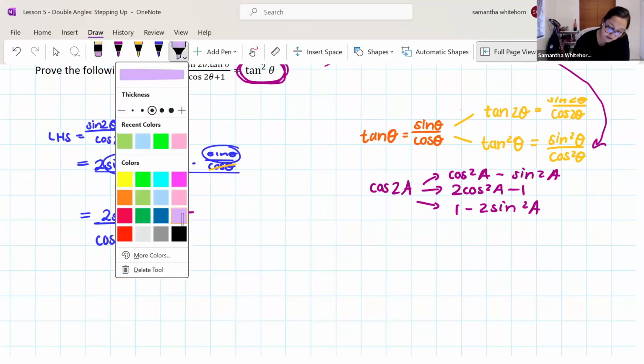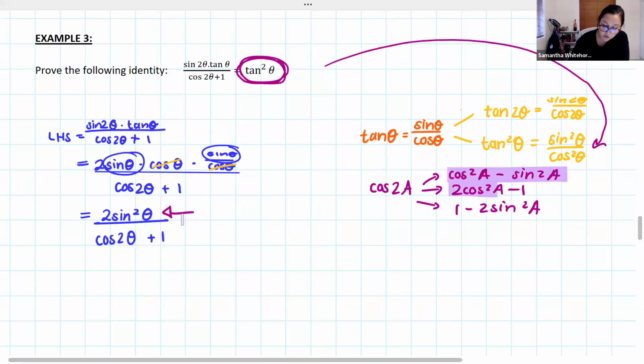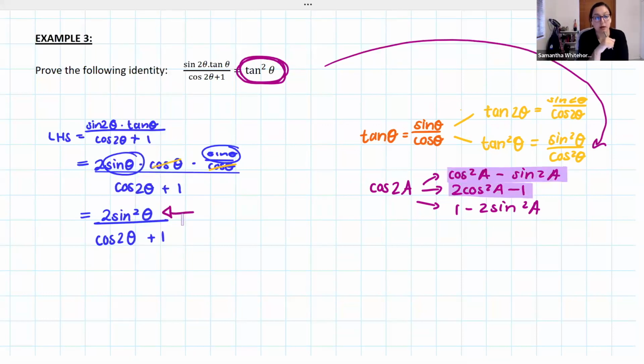That would mean I've got 2 options. Option 1 is cos squared minus sine squared, or option 2 is 2 cos squared minus 1. If I chose the first one, I'm now introducing a sine squared. I don't want to introduce something that's going to cause me more problems, because then I'm going to have to deal with the sine squared. So where possible, I'm going to try not to introduce too many new trig ratios.